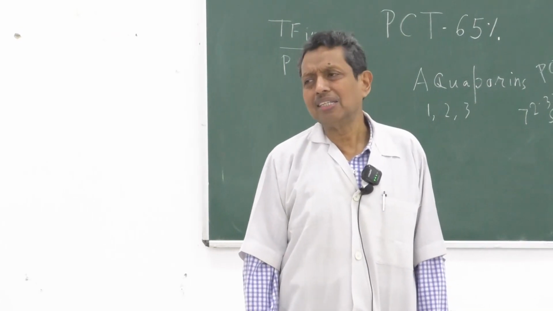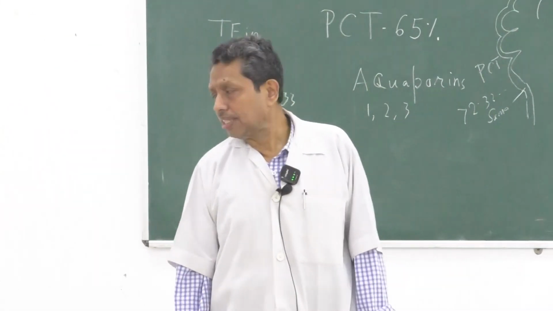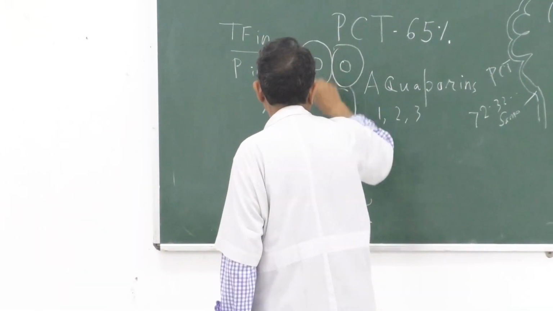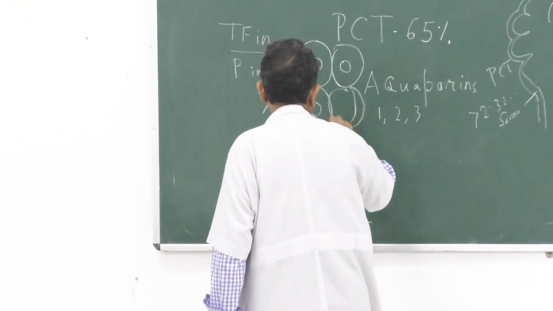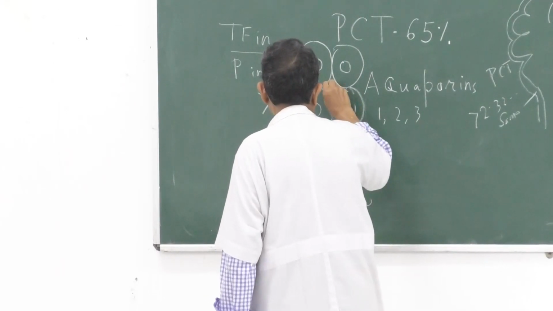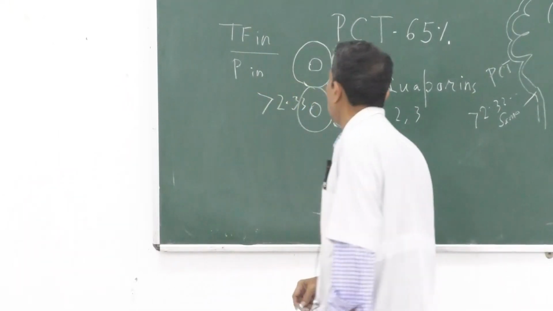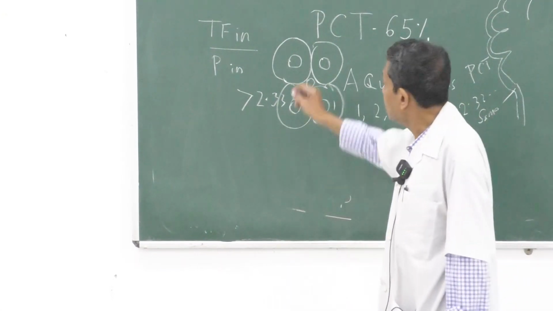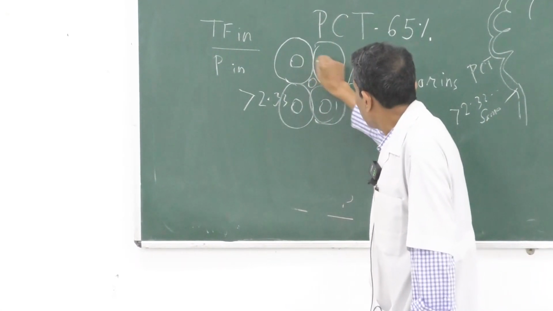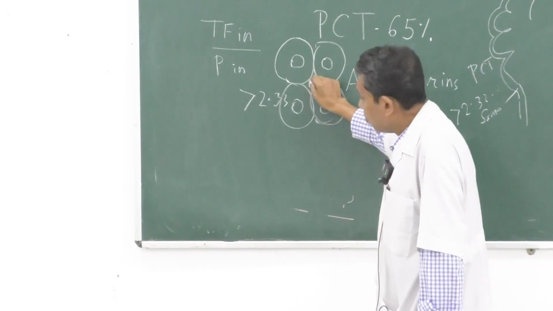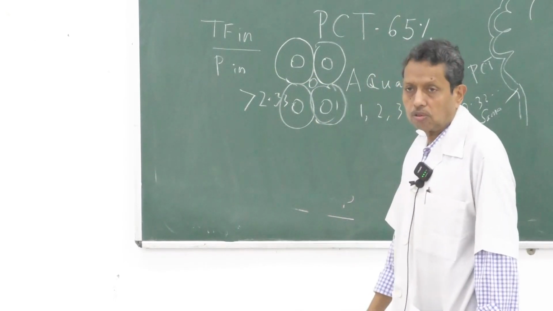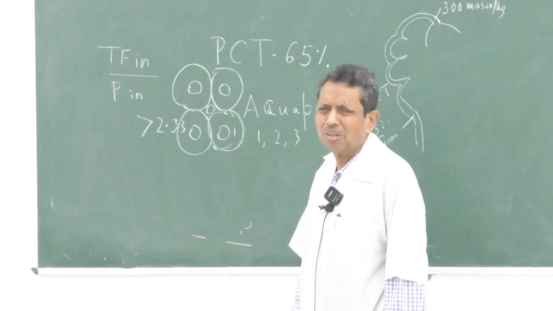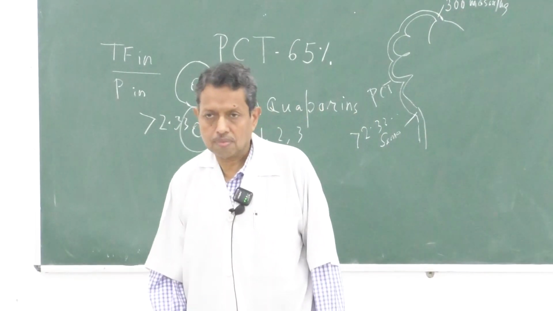You will learn in the text, and their structure is like 4 subunits, and also there is another 4 aquaporins. Each subunit is where water passes through, and there is also a pore at the central point. Current textbooks show this type of aquaporin structure.